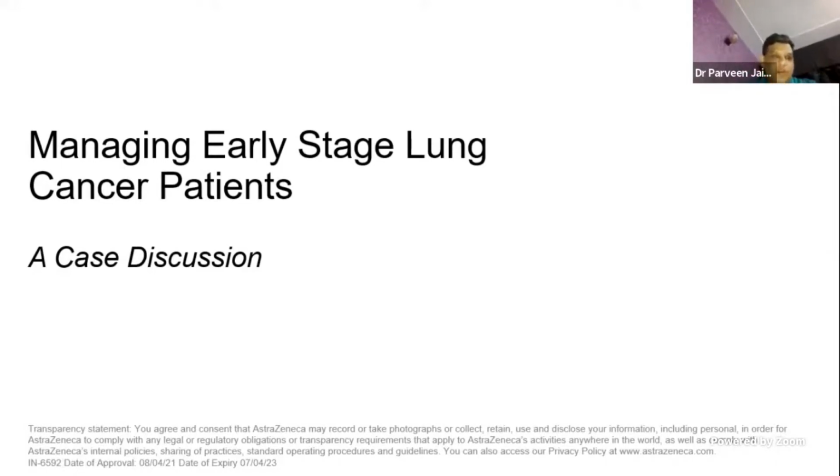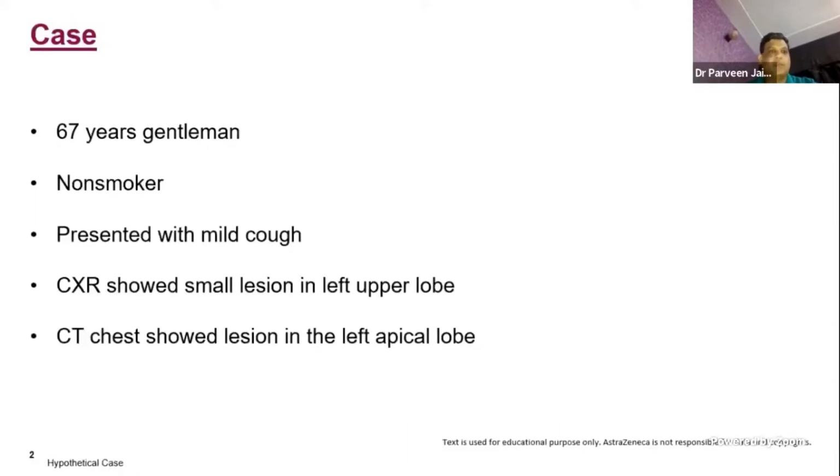My job here is to discuss the limited data regarding early stage lung cancer patients, but these are important patients where if we treat early, the outcome can improve to a larger extent. It's going to be a case-based discussion.